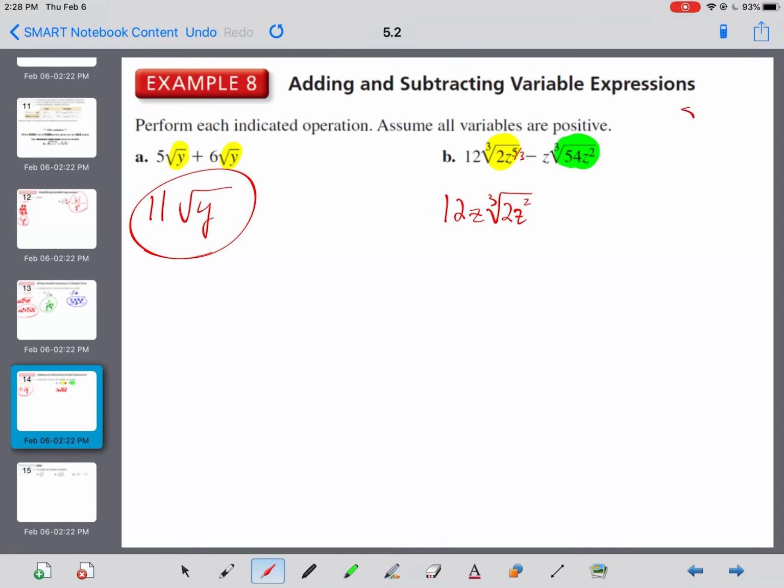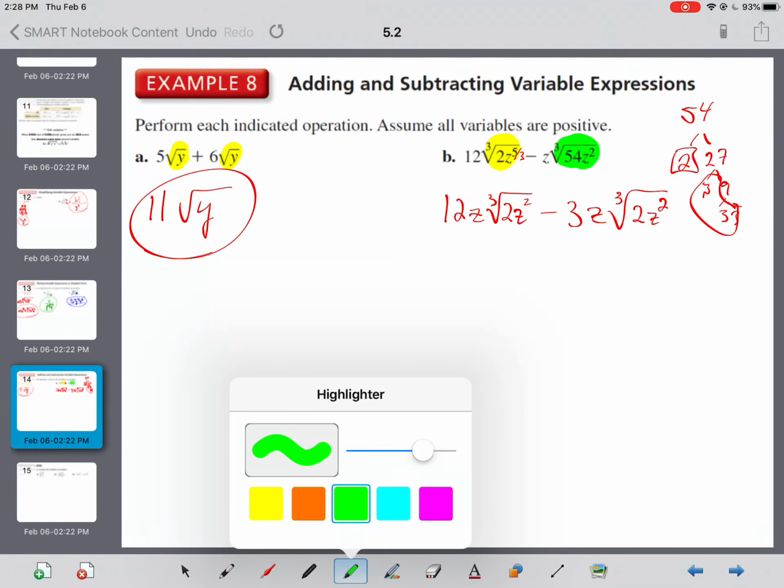And then the 54, we need cube roots. Break that apart. 2 and 27, 3 and 9. 3 and 3, there's 3 3s, the 2 stays in, so minus 3z cube roots of 2z squared.